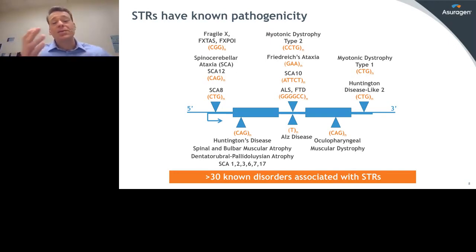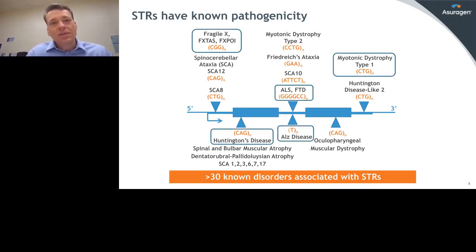And the coup de grace is that we have more than 30 known disorders that are associated with repeat expansions. These disorders represent an overabundance of disorders of the brain: neurodevelopmental, neurodegenerative, and neuromuscular. And they can represent expansions in introns or in exons, like the poly-Q disorders, or in 3' or 5' UTRs.